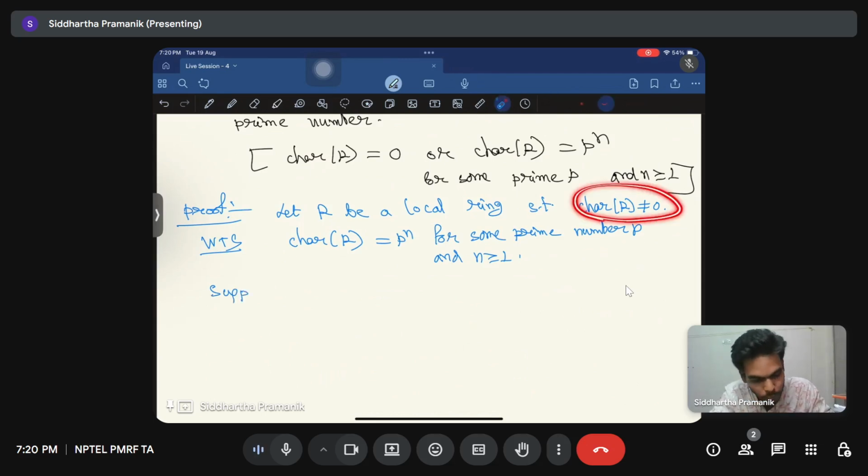Not equal to 0 means it is a finite natural number. So to prove that it is a prime power, we need to prove that it has only one prime divisor. So for contradiction, suppose it has more than one prime divisor.